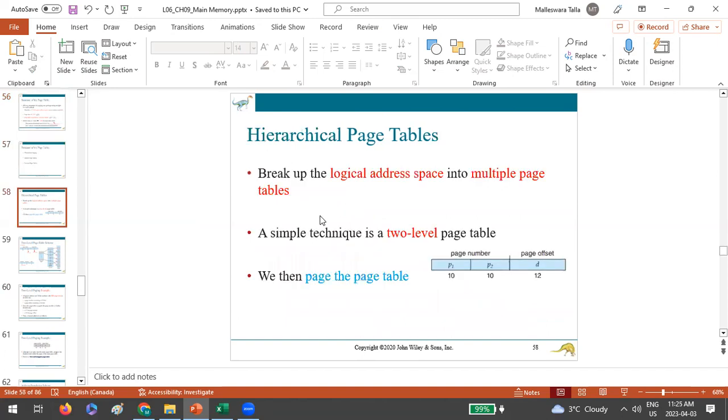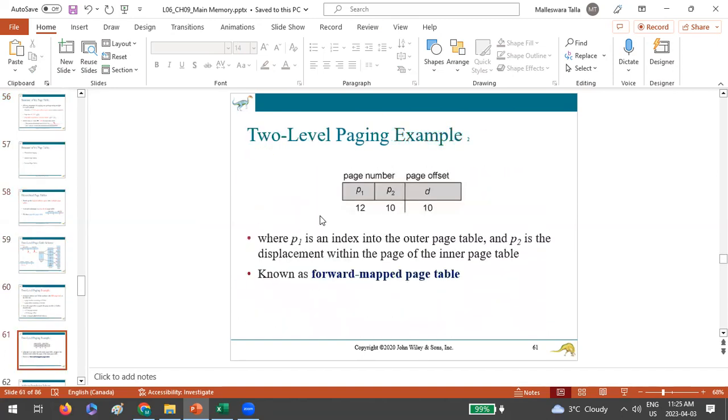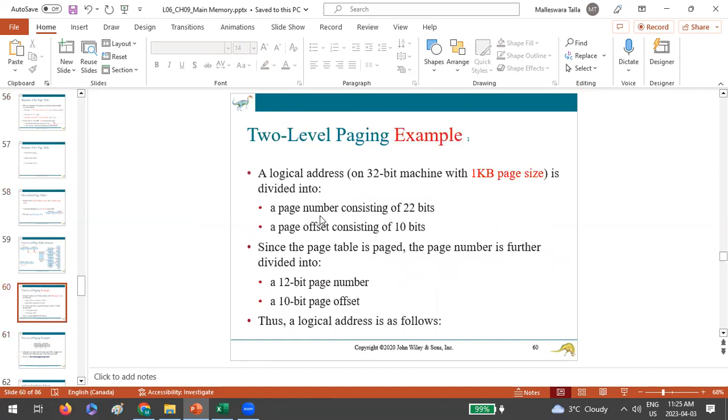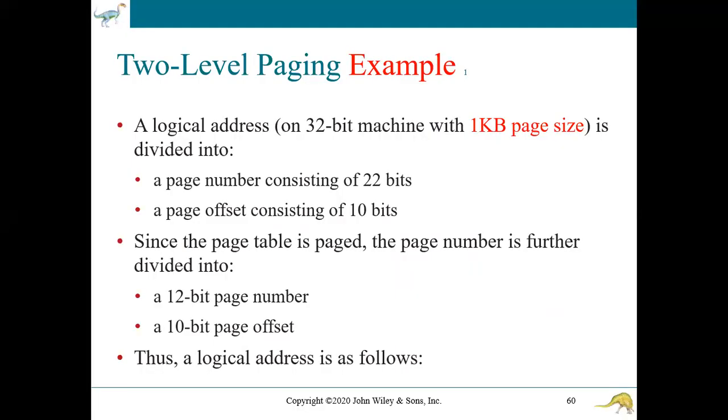Here the page number requires how many bits? In this example, the page number is 22 bits. Earlier it was 20 bits because it was 4 kilobyte. Now it is 1 kilobyte, so the 2 extra bits go to the page number. So 10 bits for the offset and 22 bits for the page number.